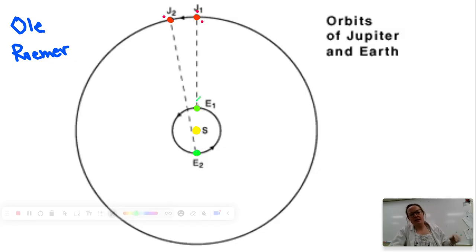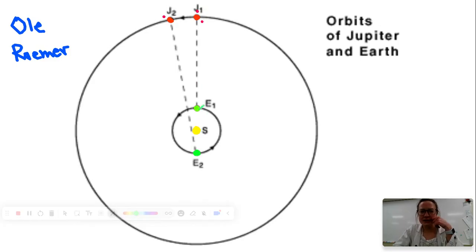And so here was his conclusion: it must not be that Io is just taking more time to get to the other side. He said it must be that the light is taking more time to get to me when Jupiter is really far away from the Earth versus when Jupiter is closer. Now here was his approximation.